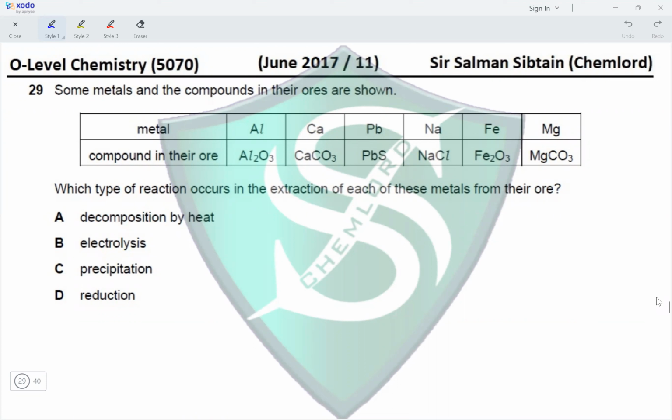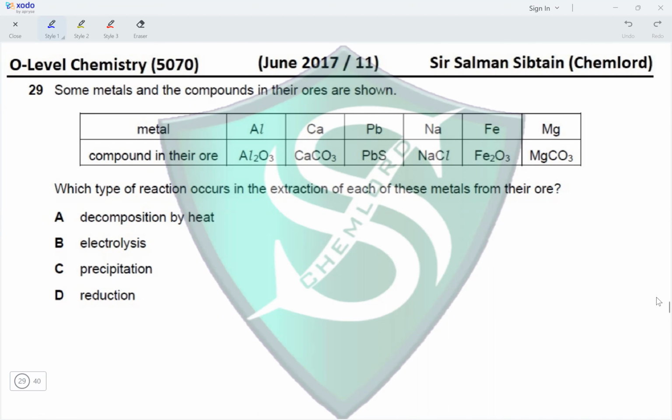So the salts of iron, sodium, lead, calcium, aluminum or magnesium will all have the metals present as cations, and upon extraction the cations would be reduced to the elemental metal. So all of them will undergo reduction.